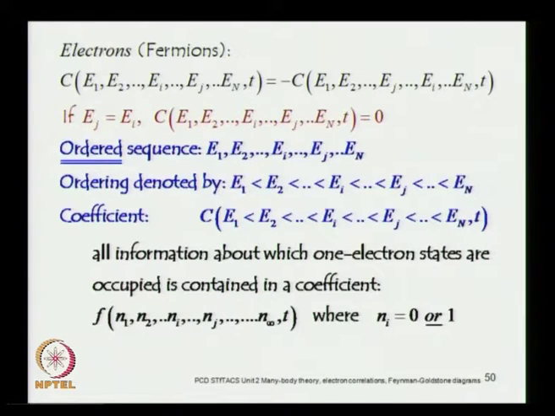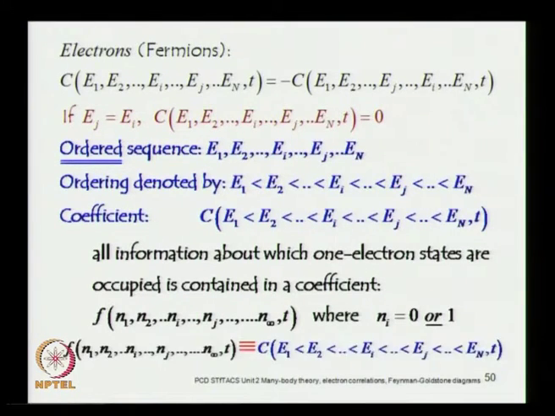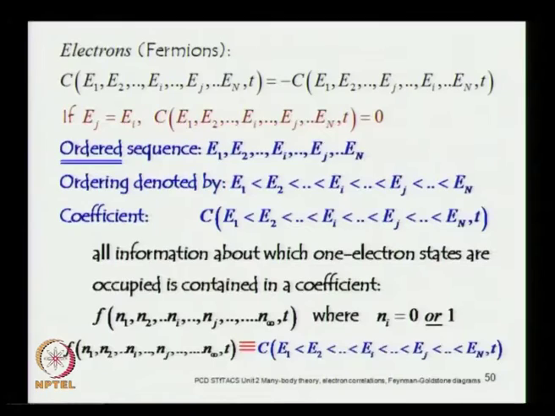Okay? So you can have a number of different possibilities, and we will first focus our attention on fermions, and we find that the information about which one is occupied and which one is not is completely equivalent to the information in the coefficient C. So there is a one-to-one mapping between the physical information which has gone into the coefficient C and the physical information which goes into this function f, which is a function of all of these infinite single particle quantum numbers, out of which only n will have a value 1 and the remaining will have a value 0, but which ones will depend on which of these single particle states are occupied, all the others being vacant.